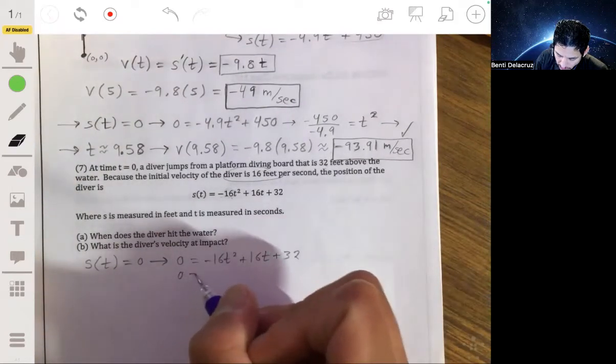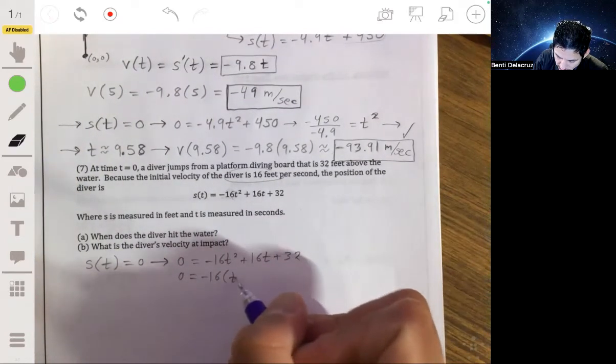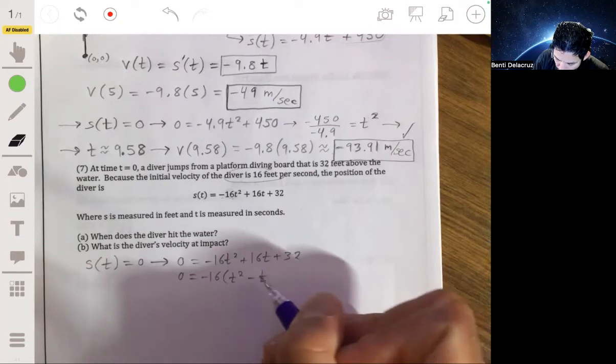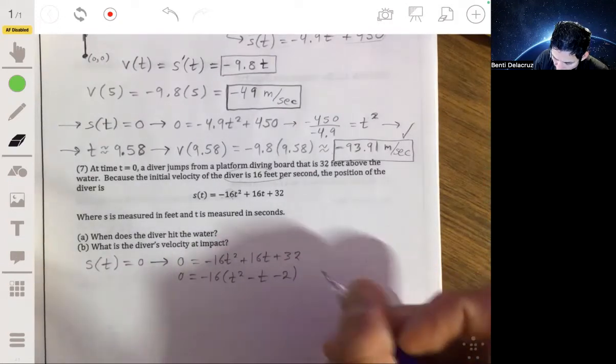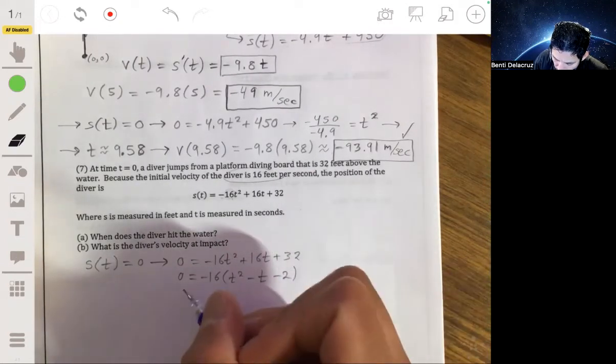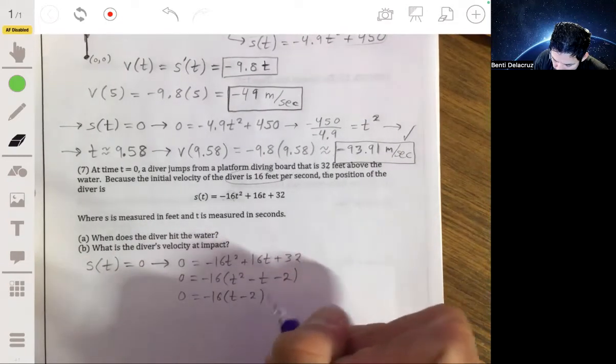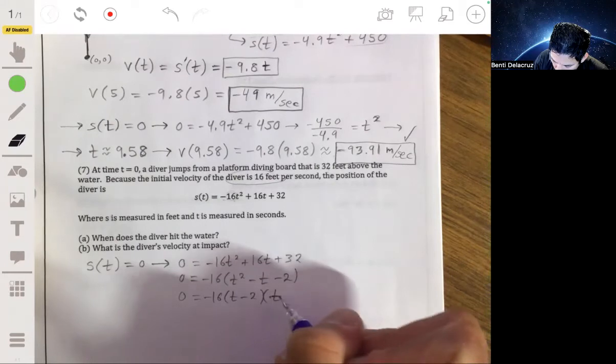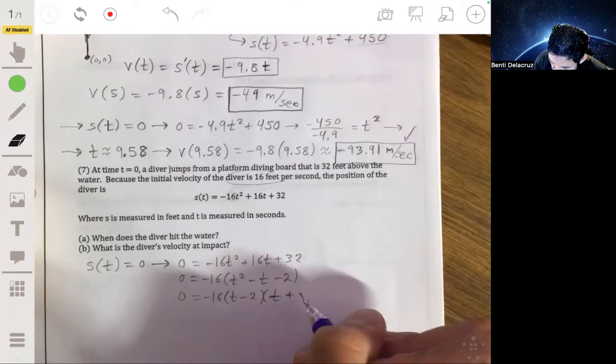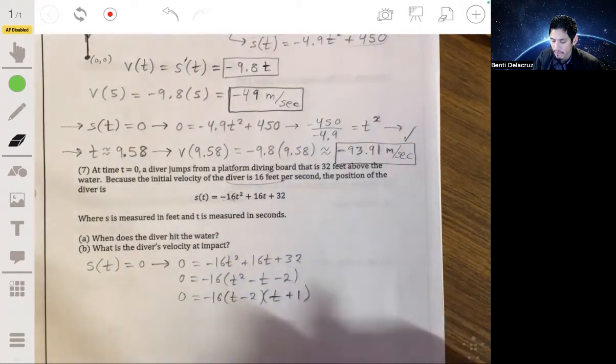Here we can factor out, I believe, a negative 16. So we get t squared minus t minus 2. And you get t minus 2 times t plus 1, it seems.